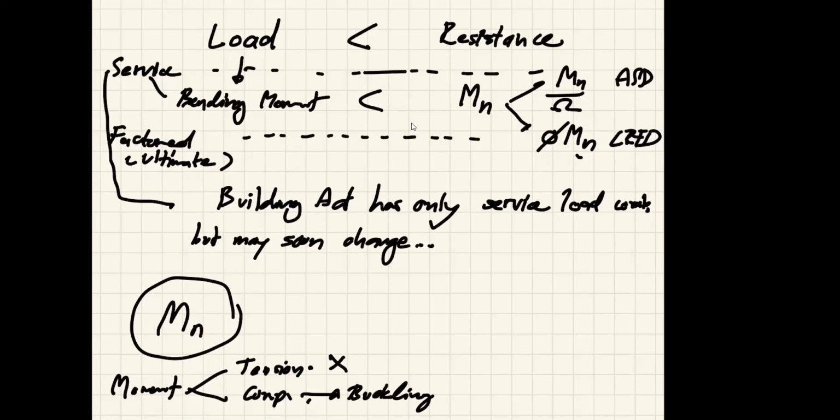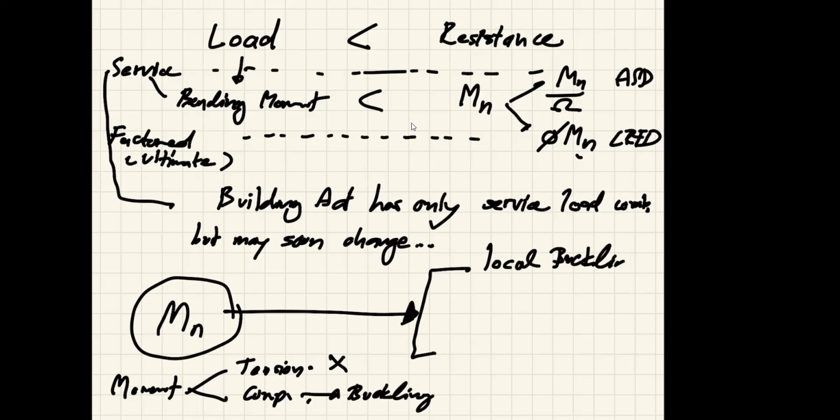Now, again, the nominal moment can be categorized into two major things. The first is local buckling. Because your flexural member has tension and compression, local buckling will occur under the compression only.